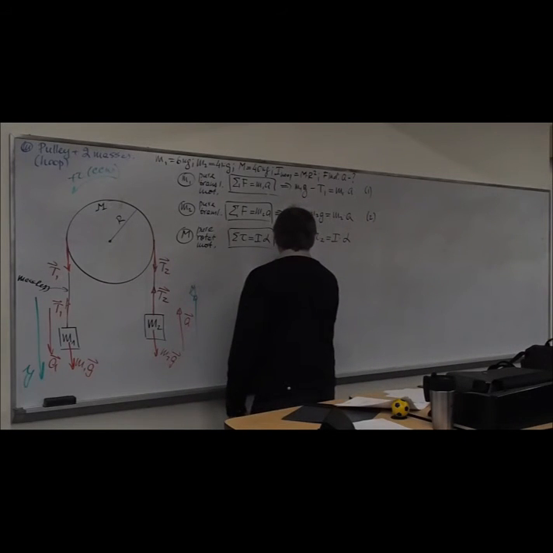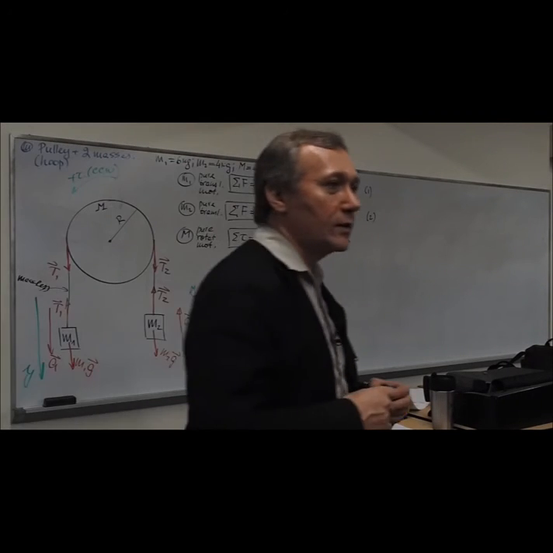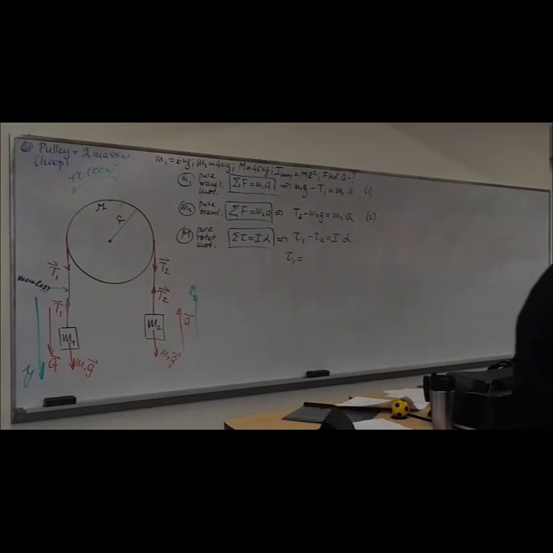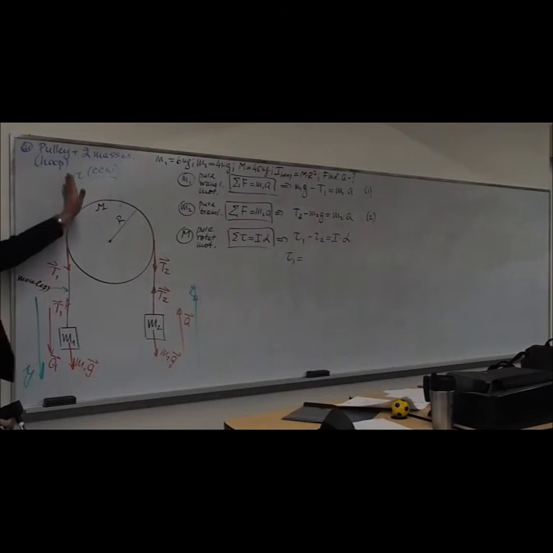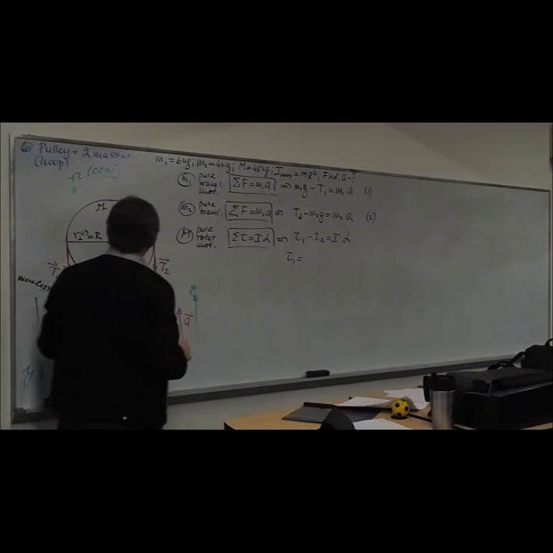Torque 1. What will be the torque 1? The magnitude. Directions are already there, plus or minus in front, right? What is the value of the torque? We can use the same trick: R perpendicular times F. F here is our tension, this is the line of force, and R perpendicular is just the radius.